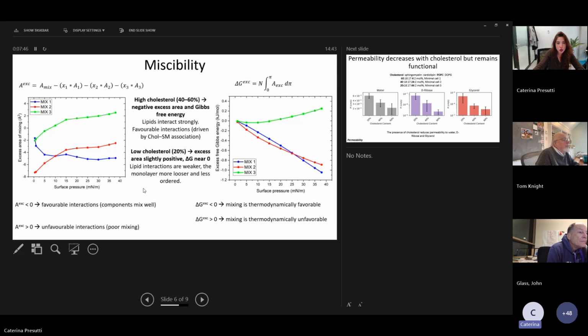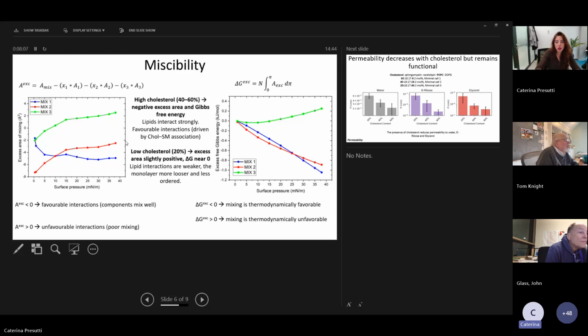In this case, we observe that in mix 1 and mix 2, the ones with 40 and 60% cholesterol, the values are consistently negative, meaning strong attractive interactions, mainly driven by cholesterol and sphingomyelin association.